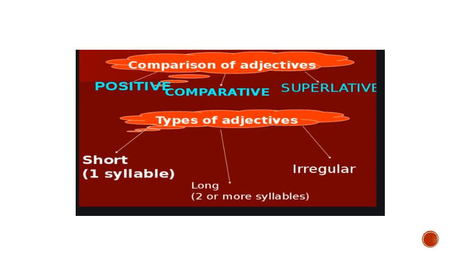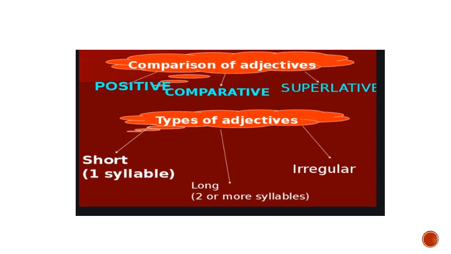Mësimi sot është për krahasimin e mbiemrit ose më saktë shkallët e mbiemrit. We have 3 degrees: positive, comparative and superlative. Pra, mbiemri ka 3 shkallë: pohore, krahasore dhe sipërore. So, positive, pohore, comparative, krahasore, superlative, sipërore.